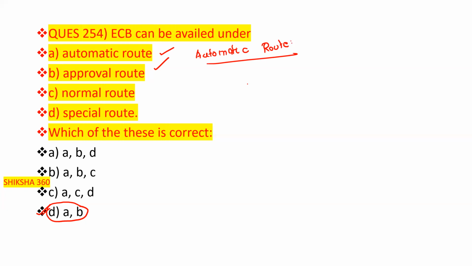Under the automatic route, the cases are examined by the authorized dealer category one banks.